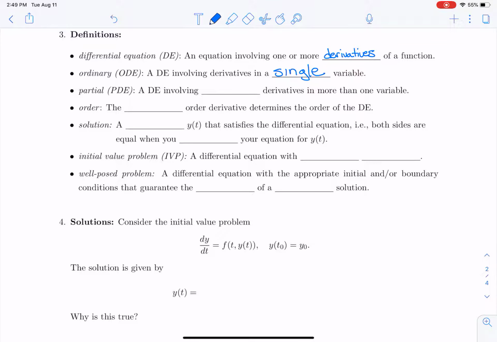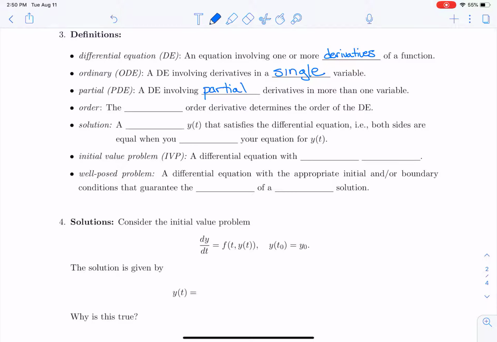We do offer a course after this one called partial differential equations, which has, instead of regular derivatives, partial derivatives in more than one variable. Maybe we want to understand what's going on in time and in space, so we'll have multiple variables like t and x.